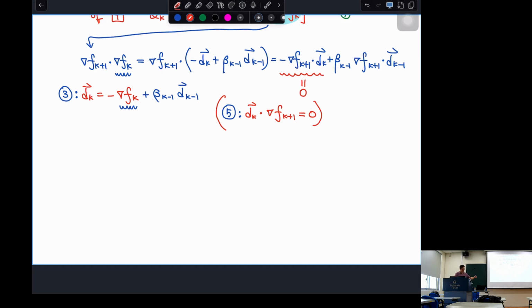The dot product between 2 vectors can be swapped. So that one becomes 0. Do we do something further?